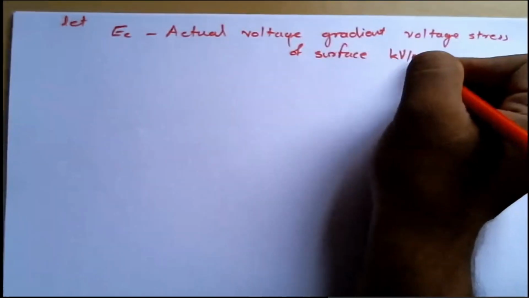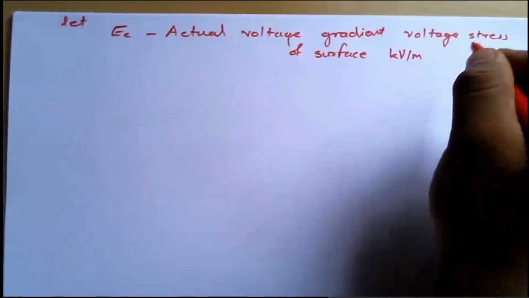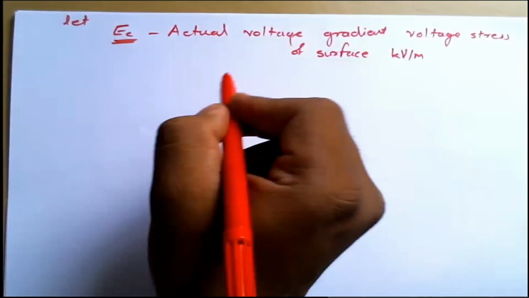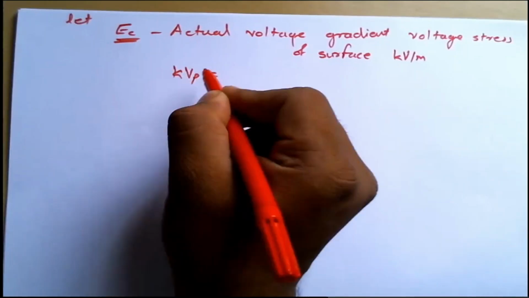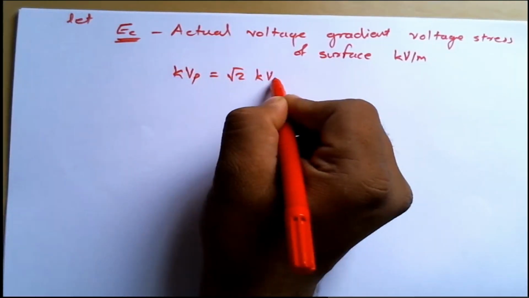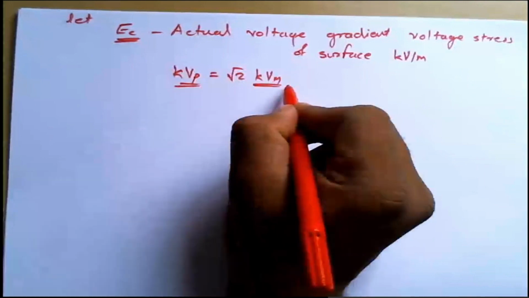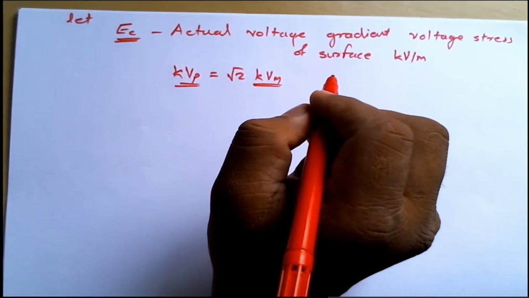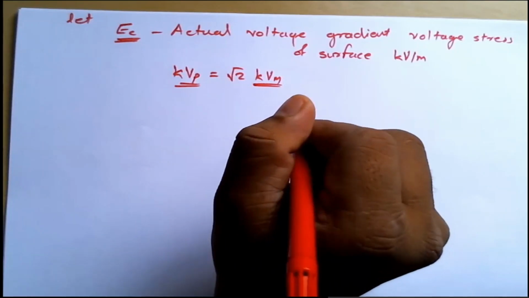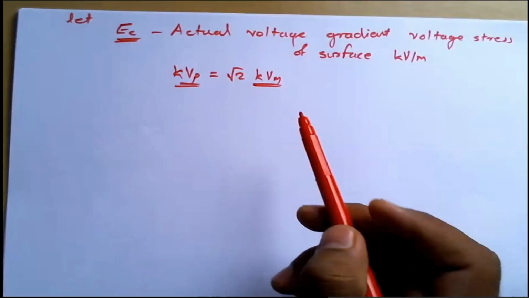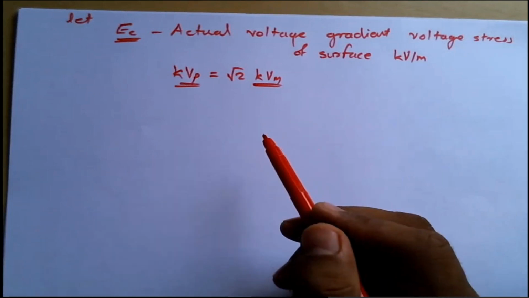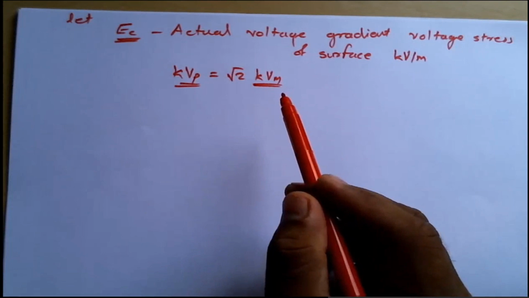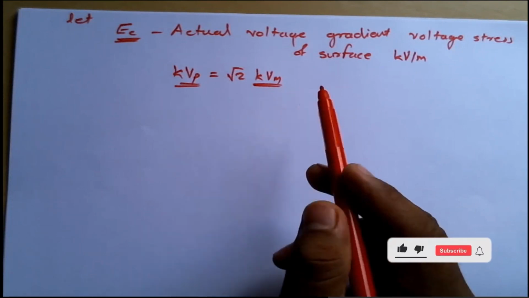Generally it is an instantaneous or RMS value. And if we consider kVp, it is equal to root 2 times kVm. This is nothing but the peak value, sorry, not RMS, this is the maximum value. So the actual electric field strength, or voltage gradient, in the air of the conductor is in kV per meter, and this depends on the voltage of the conductor, or conductor diameter, or the field distribution.